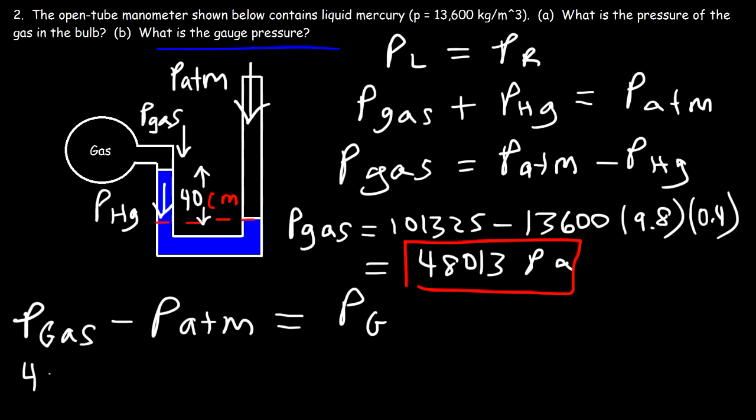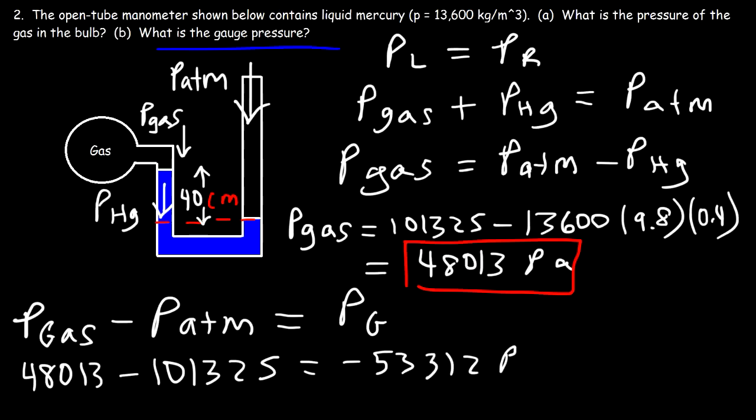So the pressure of the gas is 48,013 pascals, and the pressure of the atmosphere is 101,325. And so that's going to be negative 53,312 pascals.